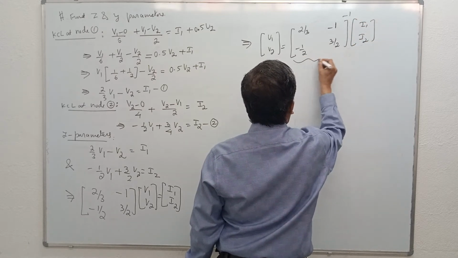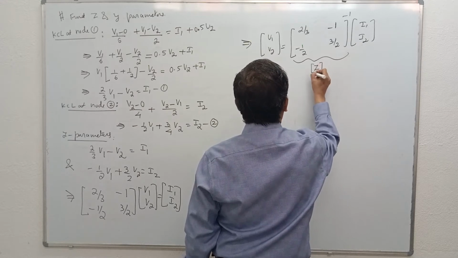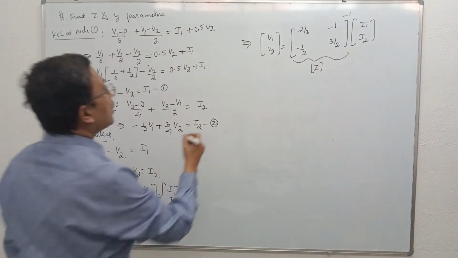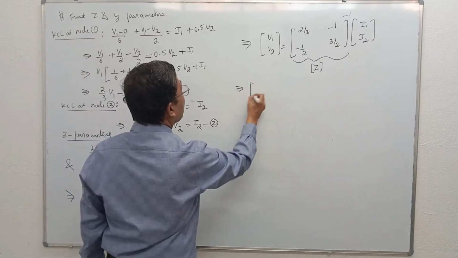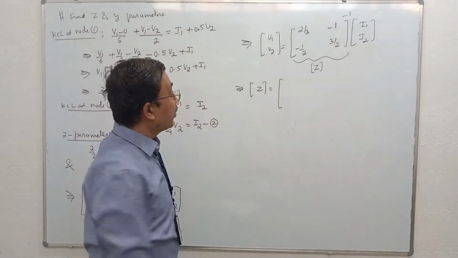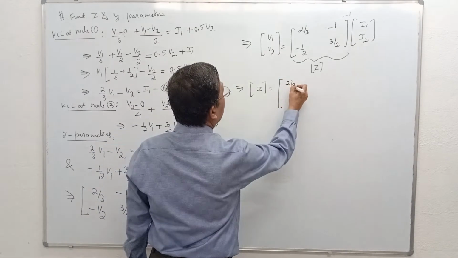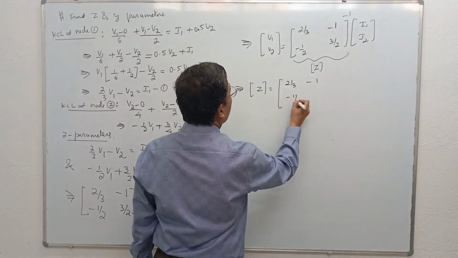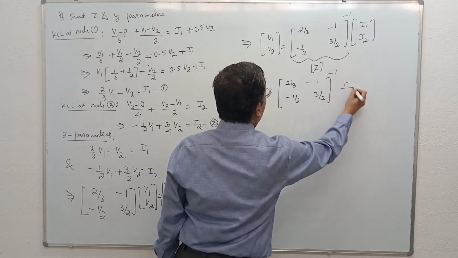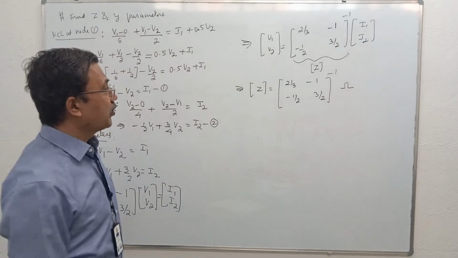This is nothing but matrix Z. This implies matrix Z is equal to the inverse of this matrix. This I leave it to you as homework. Using a calculator you find the inverse of this matrix.